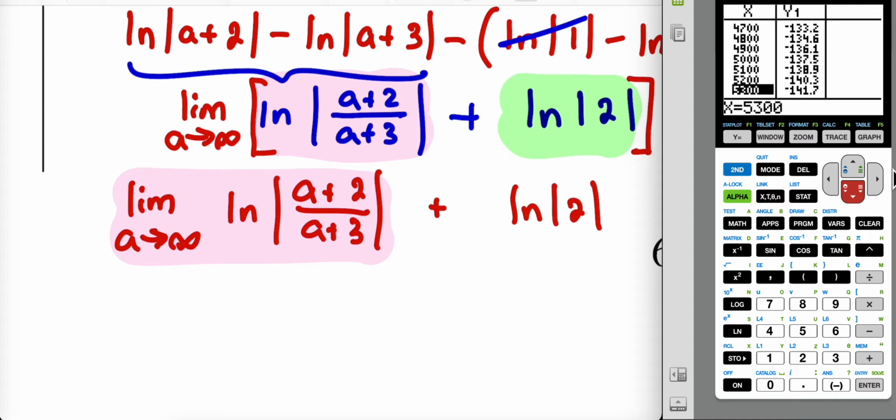This is a kind of an obscure Calc 1 topic. The natural log of the absolute value of the limit as a approaches infinity of a plus 2 over a plus 3.